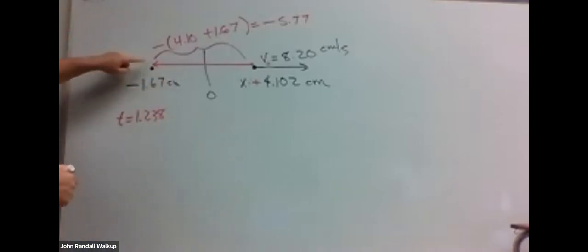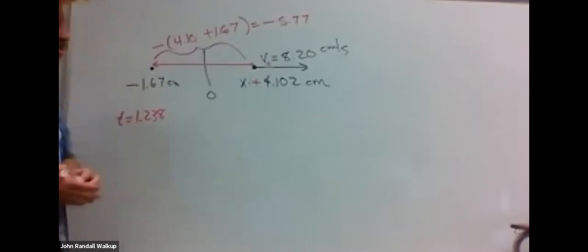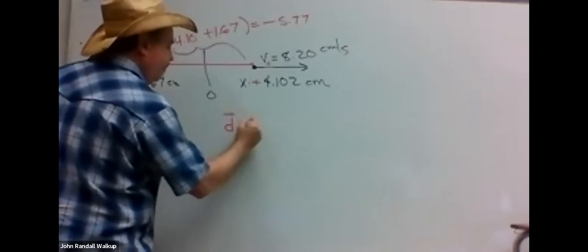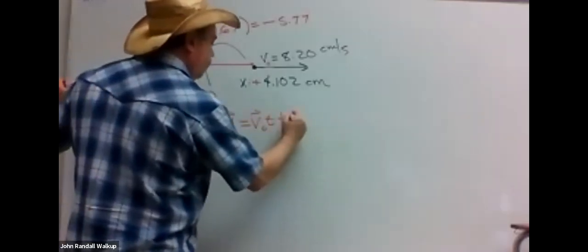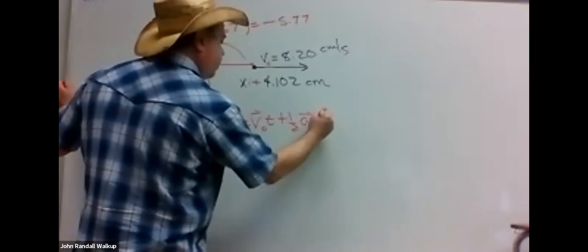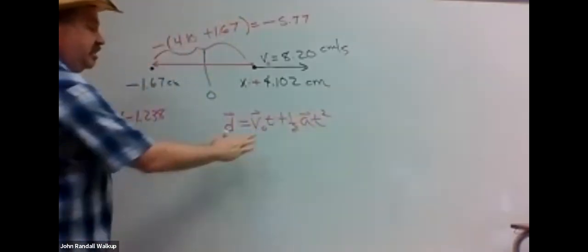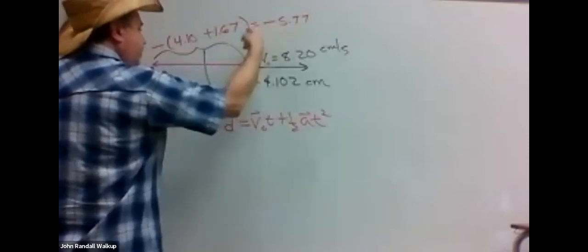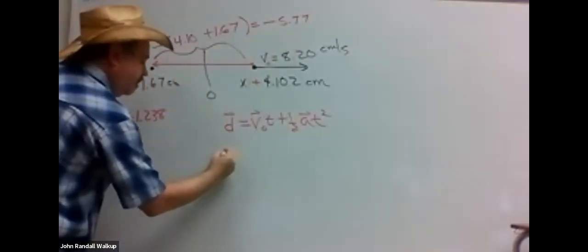And so the question now becomes, what's the acceleration? All right. Well, d is v naught t plus 1/2 a t squared. Shouldn't have to look this up. You should know it. The displacement is negative 5.77.